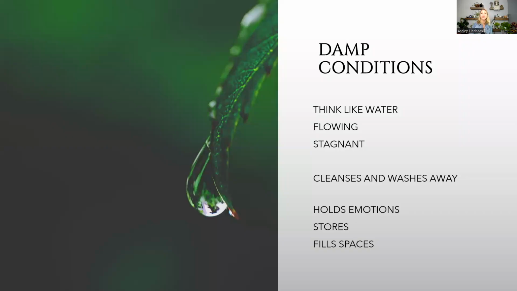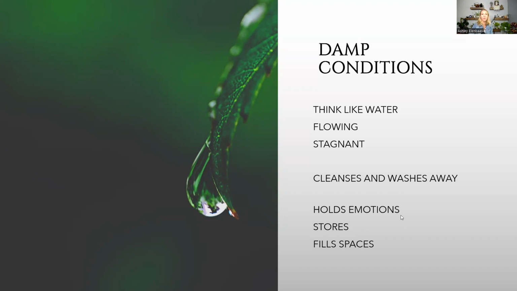So for damp conditions, I want us to start off by thinking about water and how water behaves, how it moves, how it responds. Water can do 2 things. It can move in a flowing fashion like a river or a stream or a creek or like rain, but water can also become very still, where it can become stagnant. Now, water, no matter what, likes to move downwards.